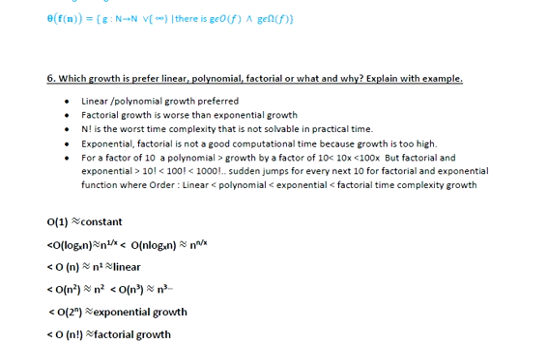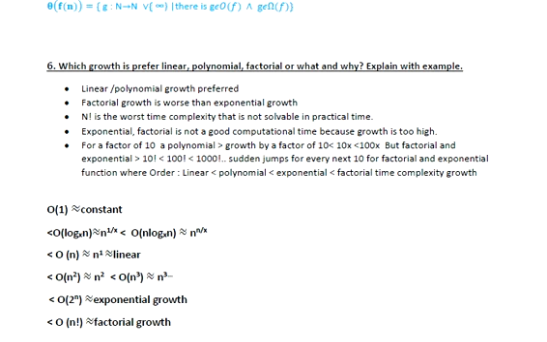Now there is another question: which growth is preferred, linear, polynomial, factorial, or what, and why? Explain. We have seen that for problem complexity we always want a lower type of complexity. That is our expectation, that we always have less complexity. Linear is better, but we can also consider that a polynomial time algorithm is already acceptable.